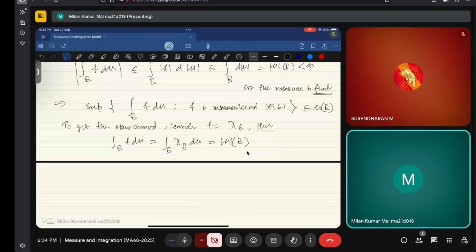Then we have to break it a little. Let me check this last equality. So we can break it like the integral over E of the characteristic function of E d mu plus, minus the integral over E of the characteristic function of E d mu minus.